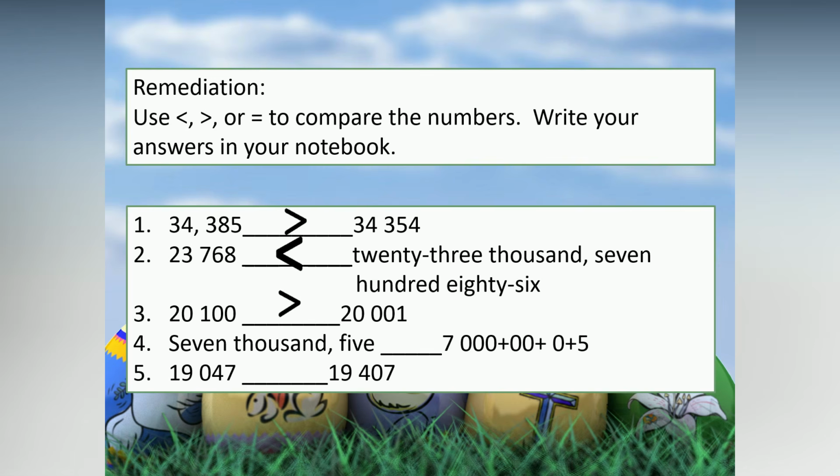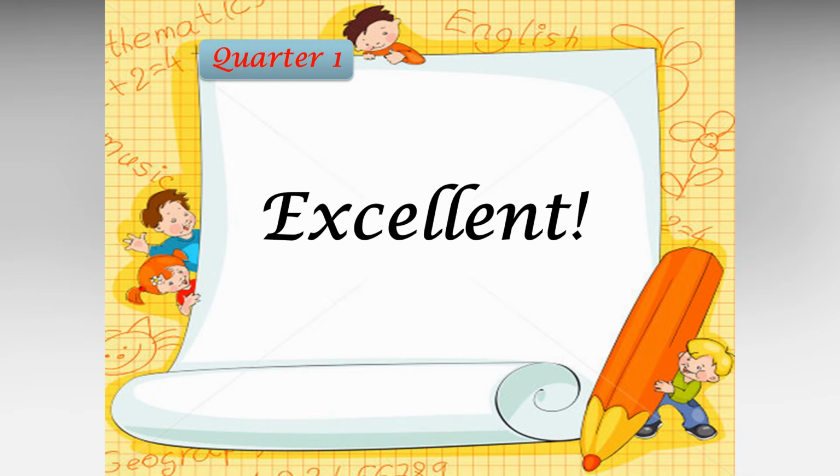Number 3. 20,100 is greater than 20,001. Number 4. 7,005 is equal to 7,005. Number 5. 19,047 is less than 19,407. Did you get a perfect score?